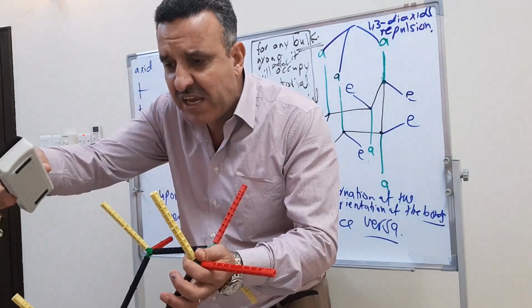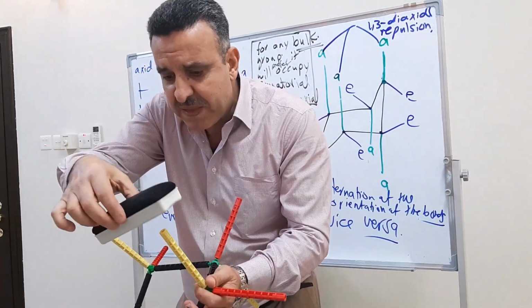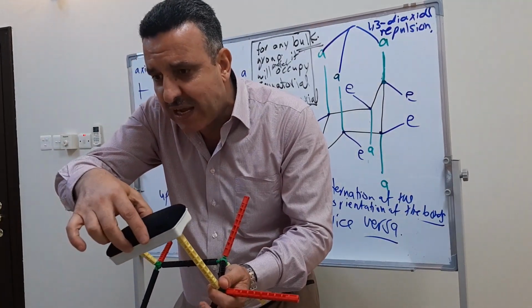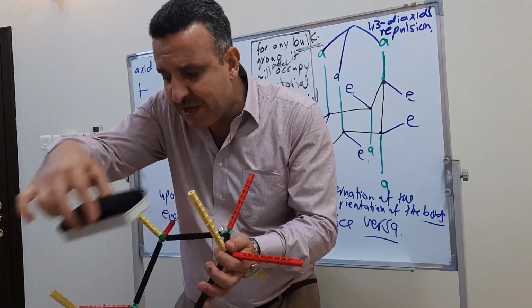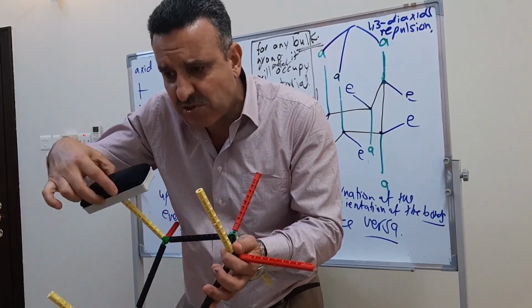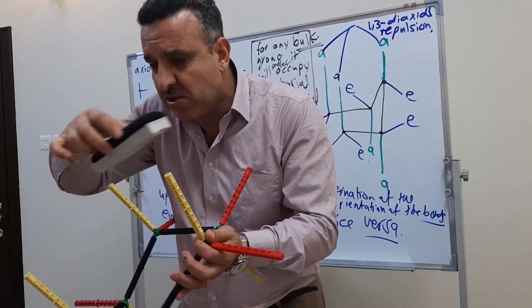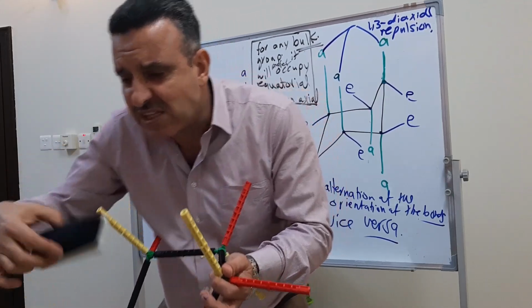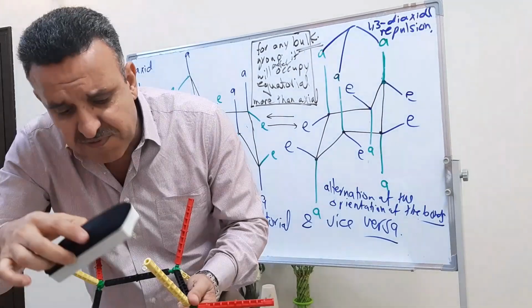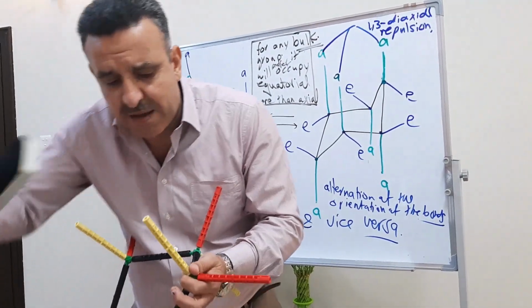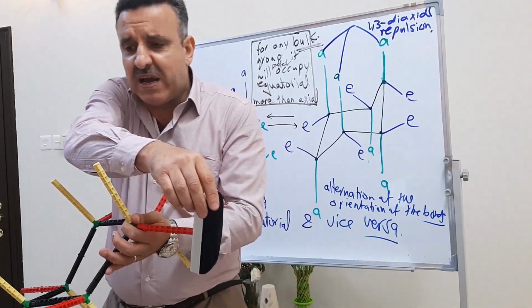Perfect. So you can see it by your vision. If this is a bulky group and it occupies axial, what you can imagine is that it will be close to these axial hydrogens. This is what we call 1,3 diaxial interaction. That's why we should expect that if the bulky group occupies axial, it will be less stable compared to when it occupies the equatorial.